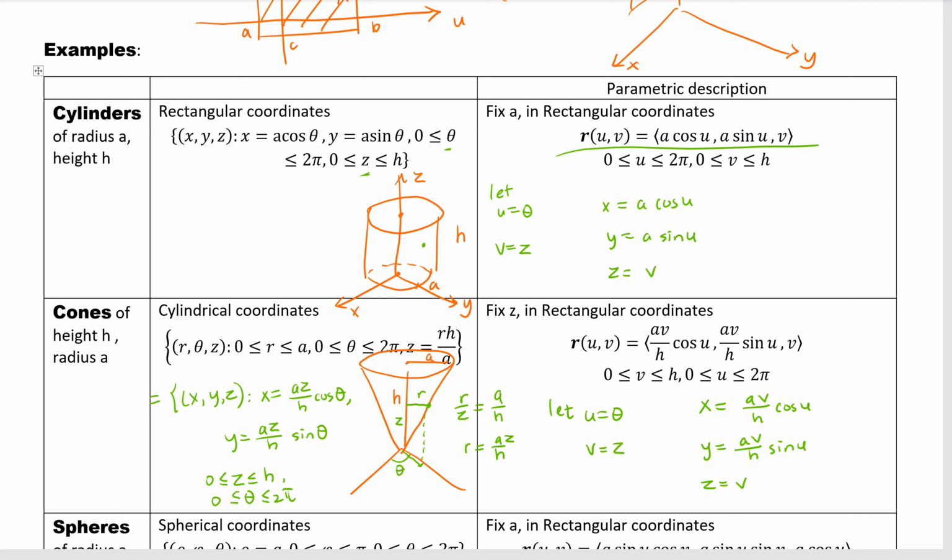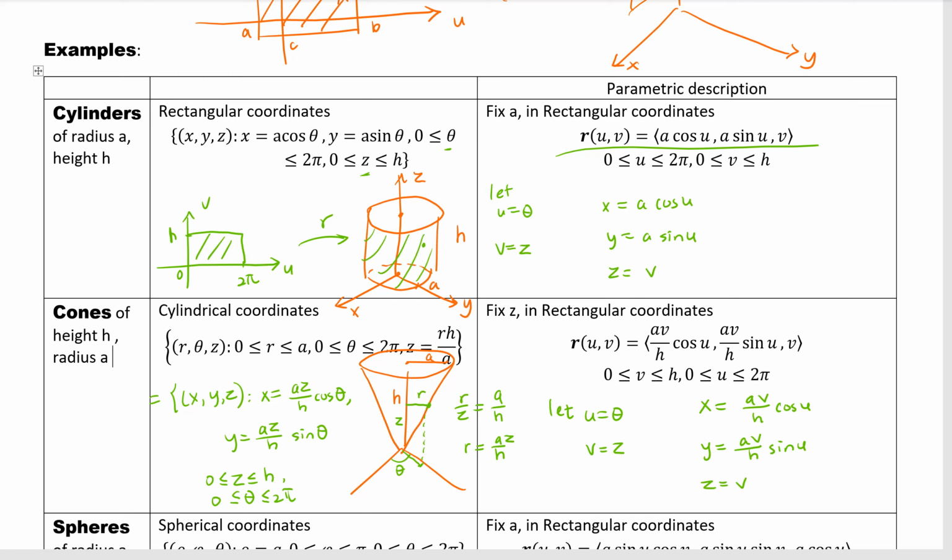Yeah, you can kind of think about the parameterization R. It maps a rectangle from the UV plane, where u is between 0 and 2 pi and v is between 0 and h. We map this rectangle onto this cylinder.